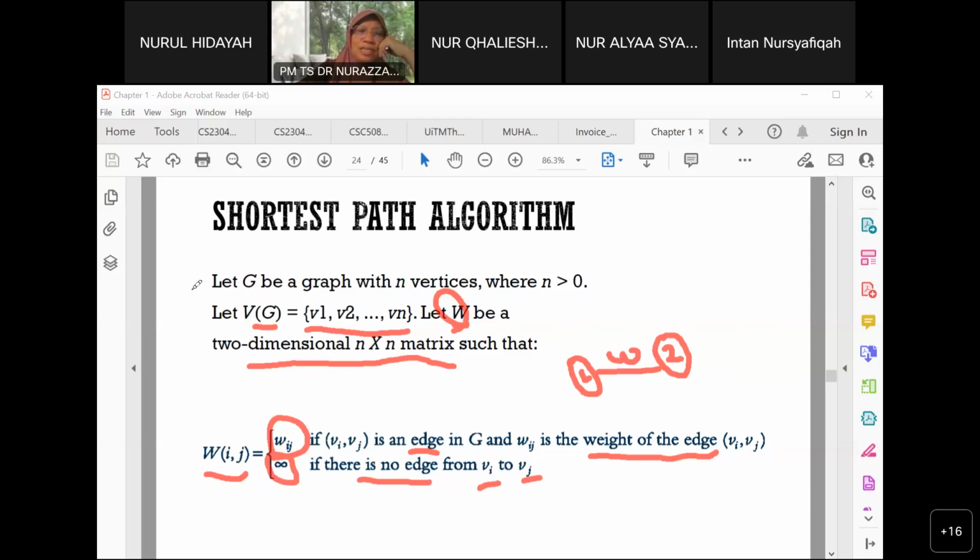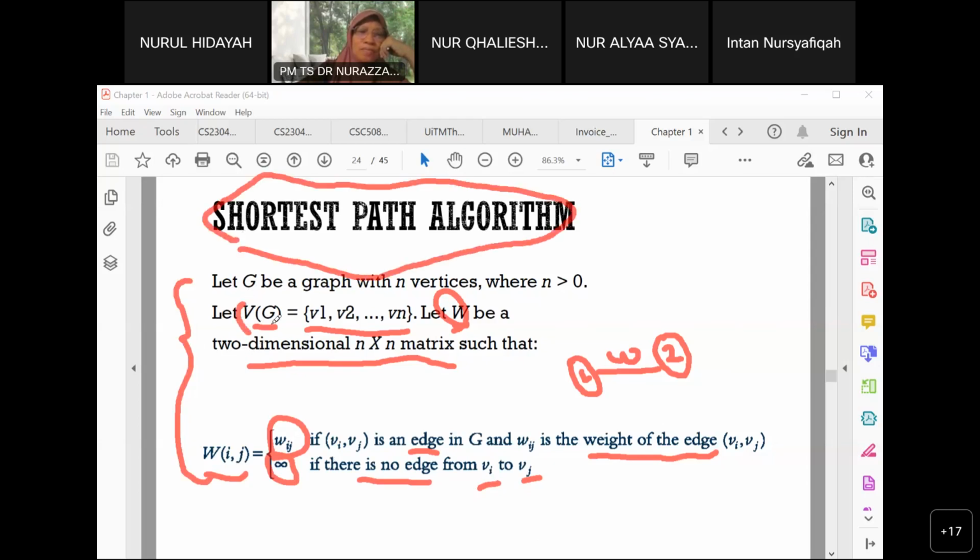Jadi ini adalah the first thing that kita kena remember on definition of shortest path algorithm ni. That means VG is a set of vertices, and Wij ni will represent the weightage of the edges that connected from one vertex to another vertex in the graph.